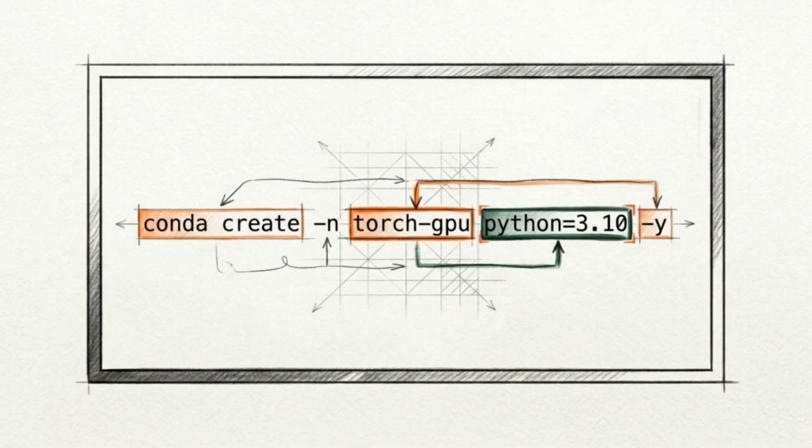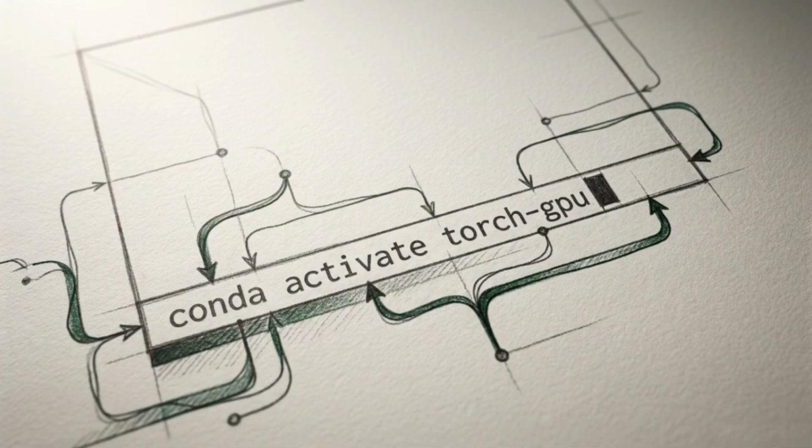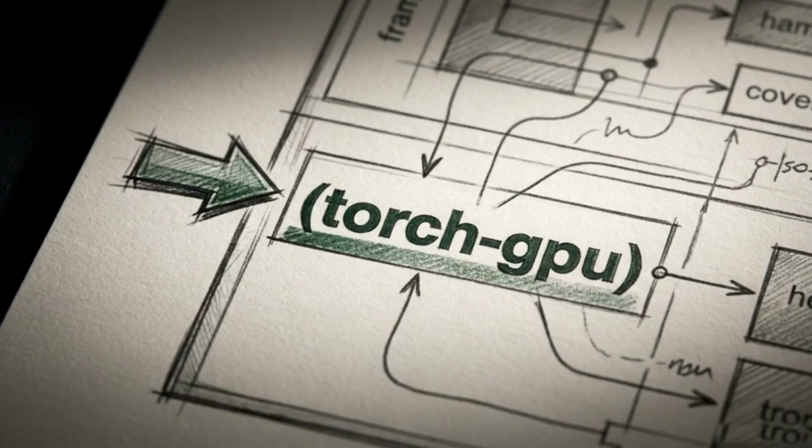Next, we create a new CUDA environment to isolate our workspace. Type conda create -n torch_GPU python=3.10 -y. Once that finishes, type conda activate torch_GPU. Press enter, look at the left side of your command line.